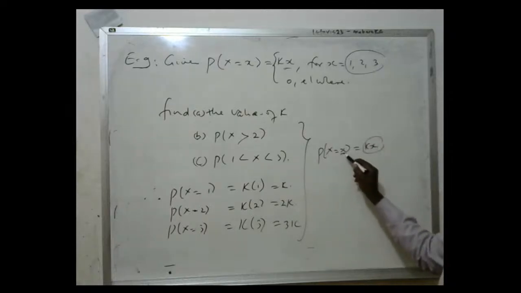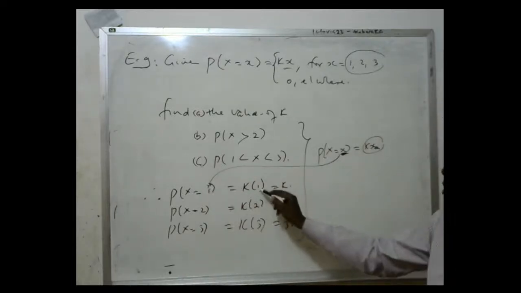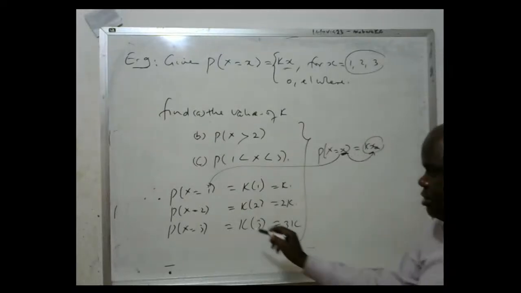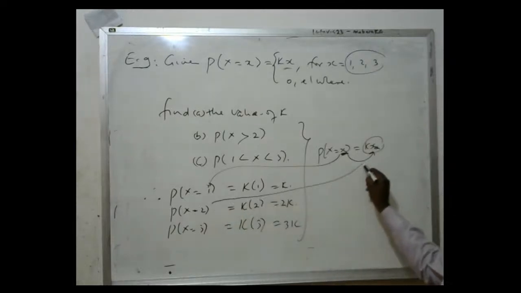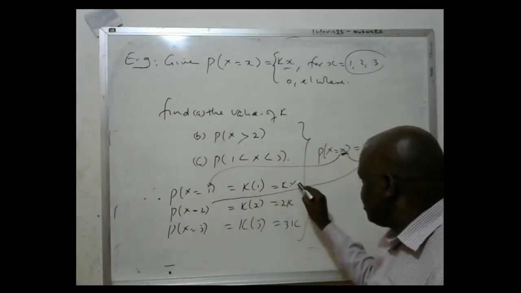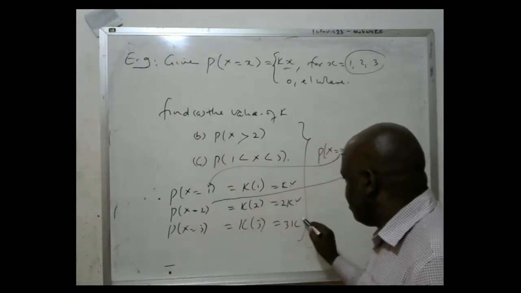Just substituting this because, be aware, our probability, which is discrete, is kx. So when x is equal to 1, I put that 1 in that function. When x is 2, I substitute it into that value there. So the respective probabilities now: for 1 its probability is k, for 2 it is 2k, for 3 it is 3k.